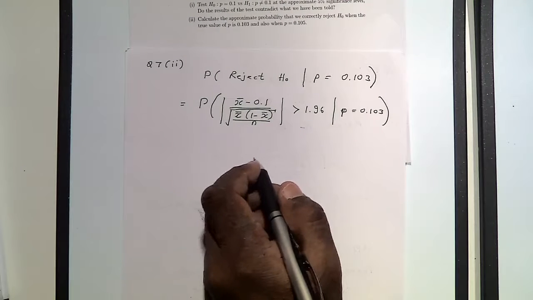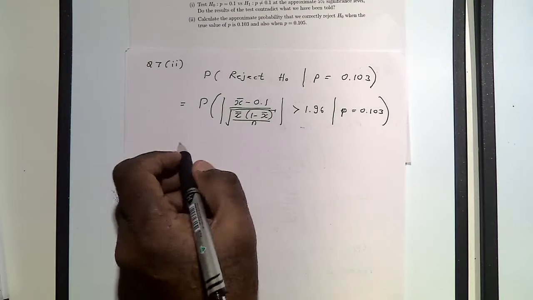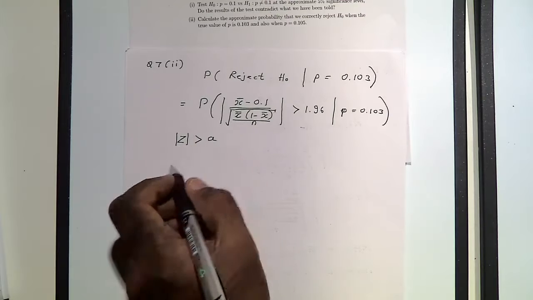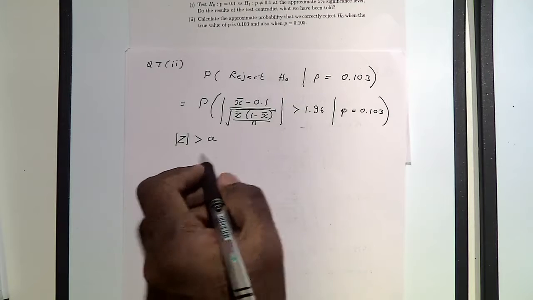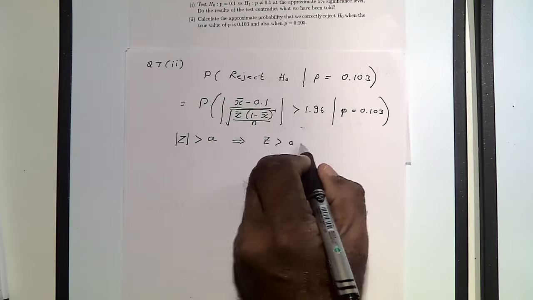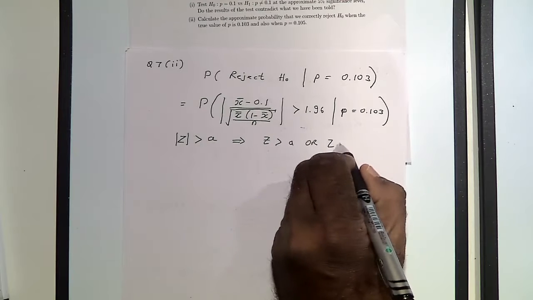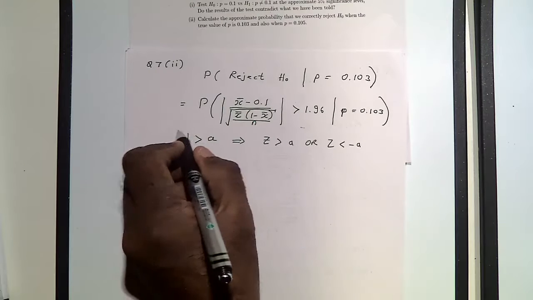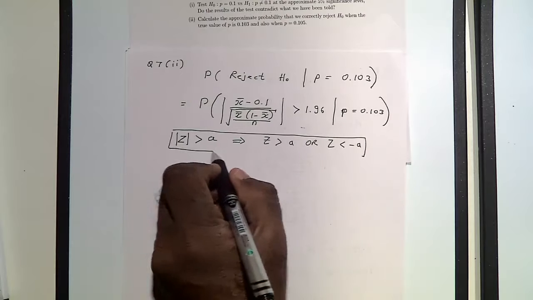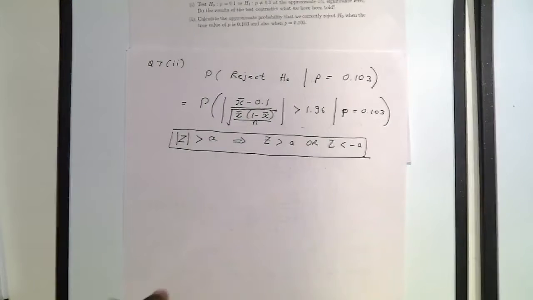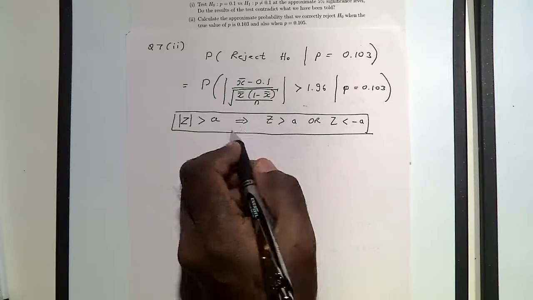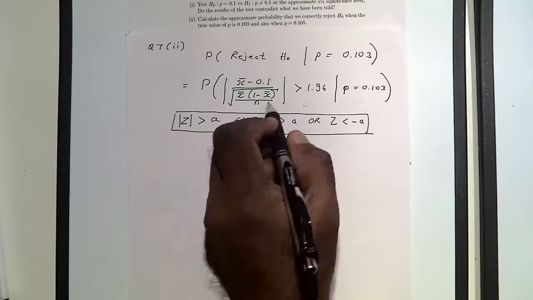Now, I'm not sure whether you know this, that if you have an inequality like this, right? This is the same as saying that Z is greater than A or Z is less than minus A. I'm sure you know this, right? You must have seen this in one of your math courses, I guess, right? So using this fact, you can write it like this.